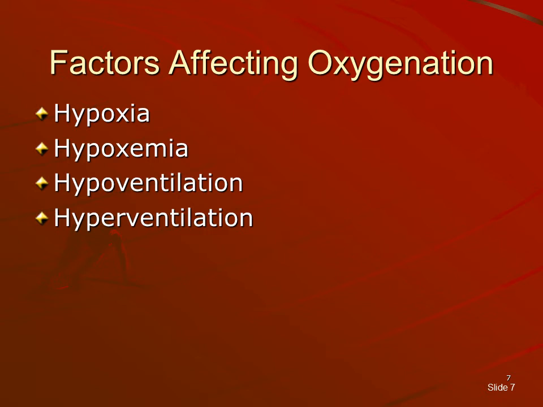Some factors affecting oxygenation include hypoxia, hypoxemia, hypoventilation, and hyperventilation. Hypoxia is inadequate tissue oxygenation at the cellular level. Some causes of hypoxia include diminished concentrations of inspired oxygen, as in high altitudes and airway obstruction.